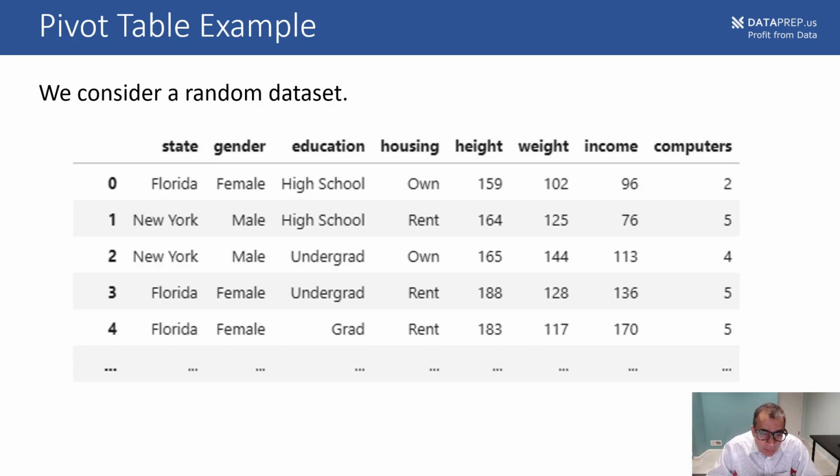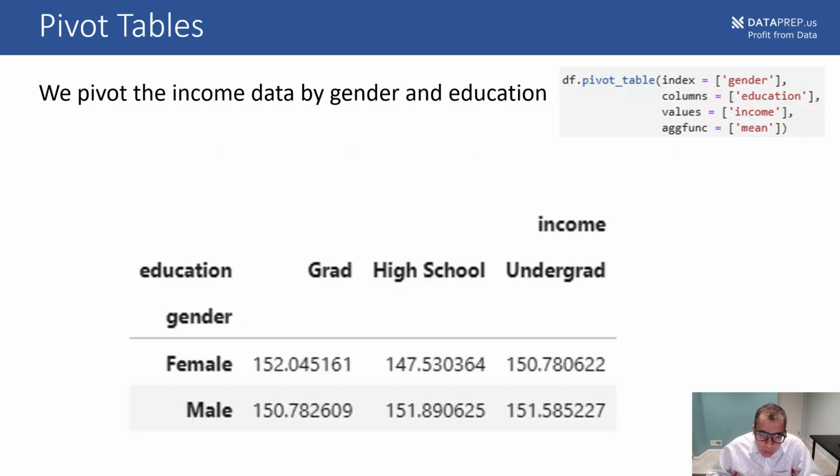It contains, for different individuals, a state, the gender, education, their housing situation, height, weight, what their income is, the number of computers in their home, etc. And what we want to do is see what the average income is for each of the two genders, female and male, and we want it split by their education level.